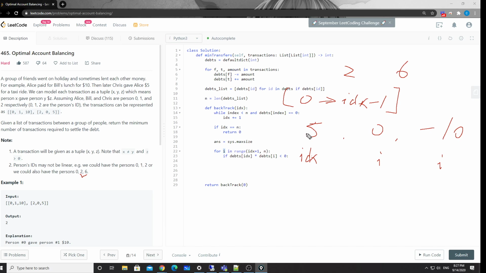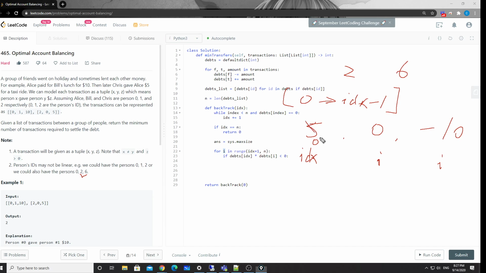It doesn't make sense to transfer the 5 to 0, because basically it's wasting one transaction. We're not settling anything, we're simply transferring the money. We settle this one person, but we make an already settled person unsettled. So we need to find persons with a negative debt, so it's one stone, two birds.